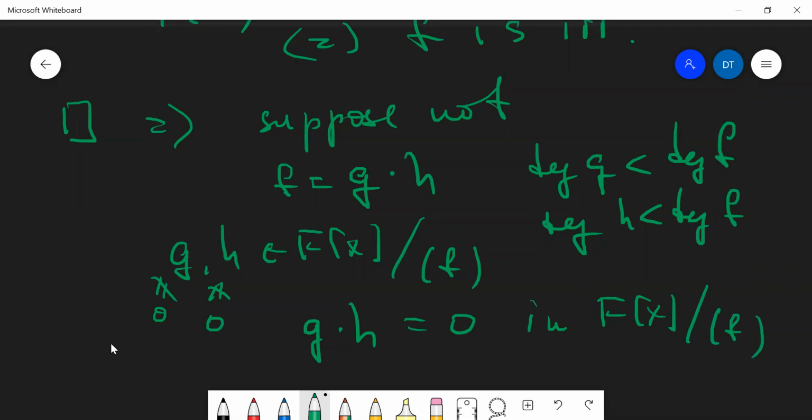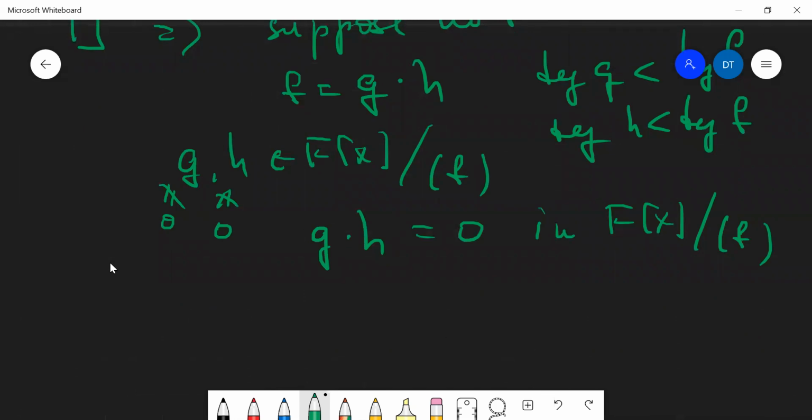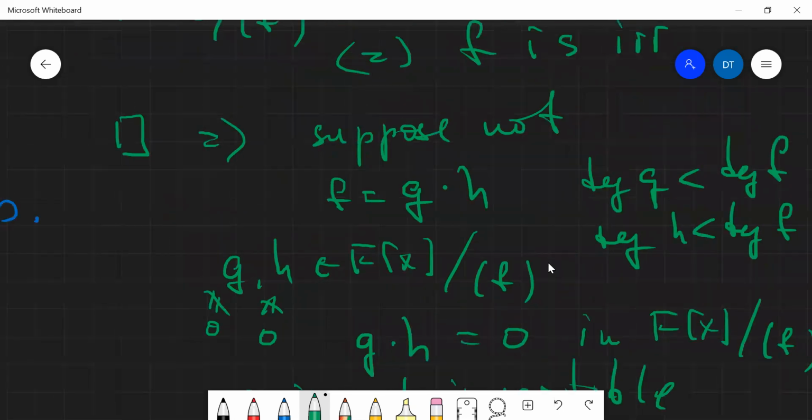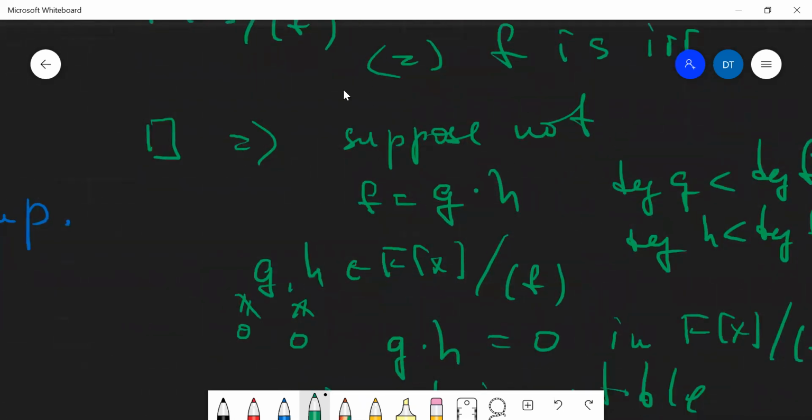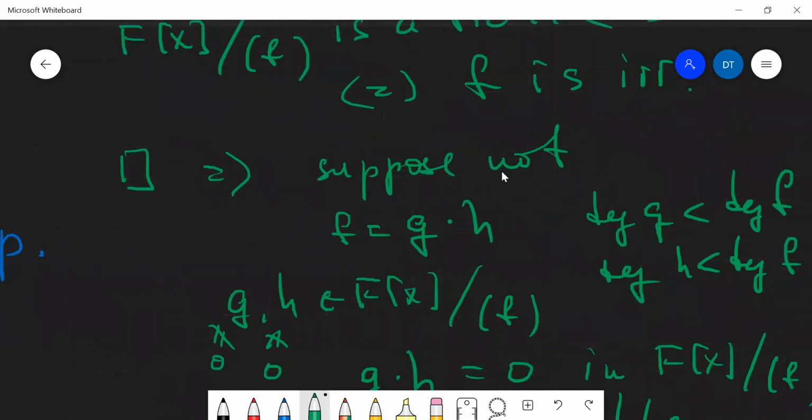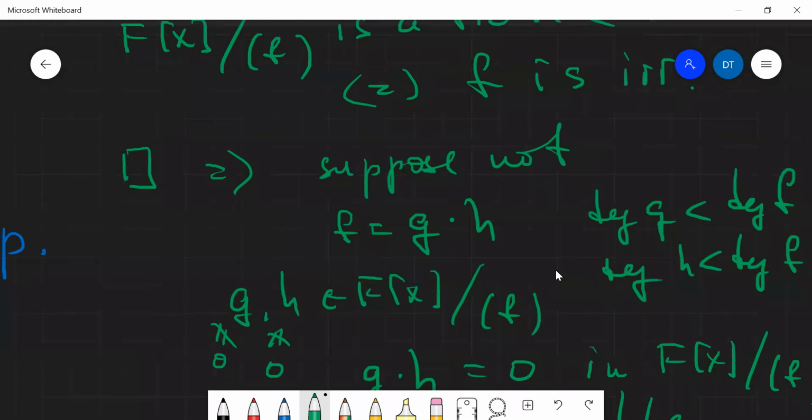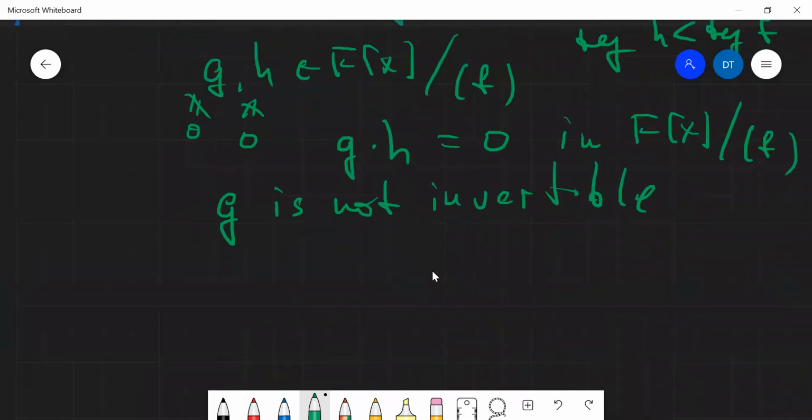So we have zero divisors, and g and h are not invertible, because if g were invertible, we would multiply by g inverse and h must be 0 in this case, but h is not 0. But if it were a field, then every non-zero element would be invertible. So a contradiction, and the contradiction arose from our assumption that f was reducible. So this is how you prove this in one direction.